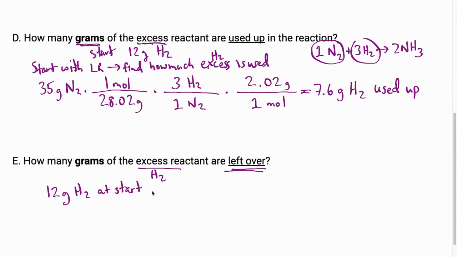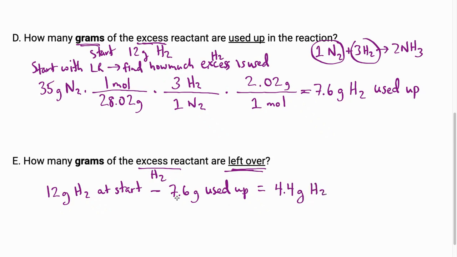If we subtract what is used, from part D, minus 7.6 grams used up, that will give us how much is left over. So 12 minus 7.6 gives us 4.4 grams of H2.